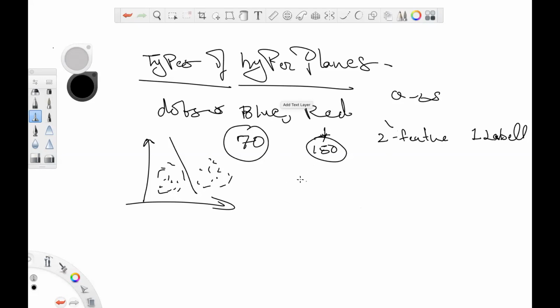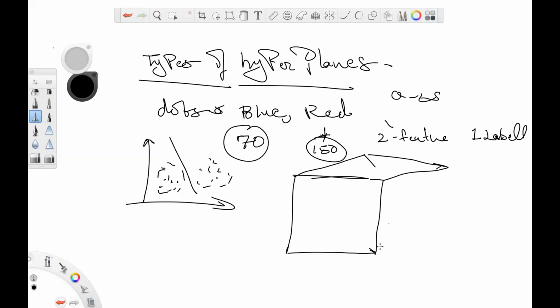Okay. So just imagine a scenario where you don't have one feature, but you have two features, and you have to predict a label for it. So what you will do, it will be something like this. Just for a second, imagine a three-dimensional hyperplane.